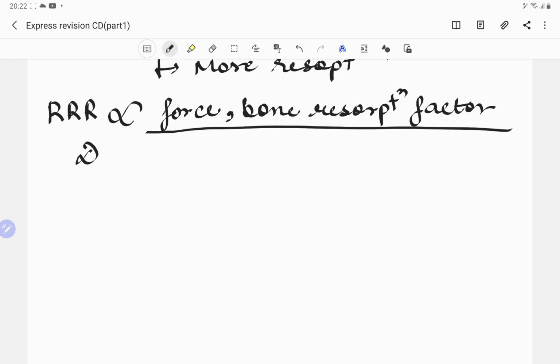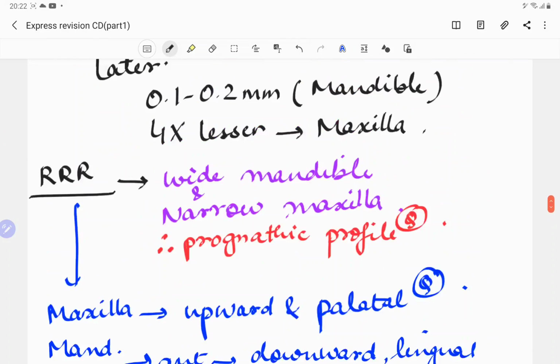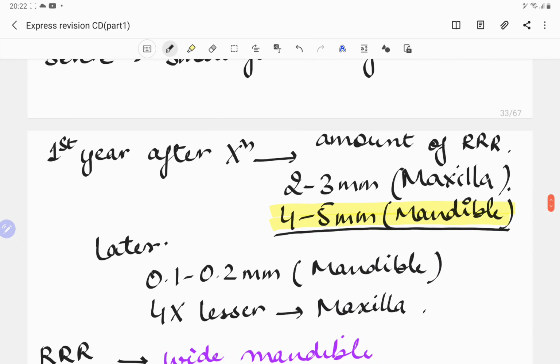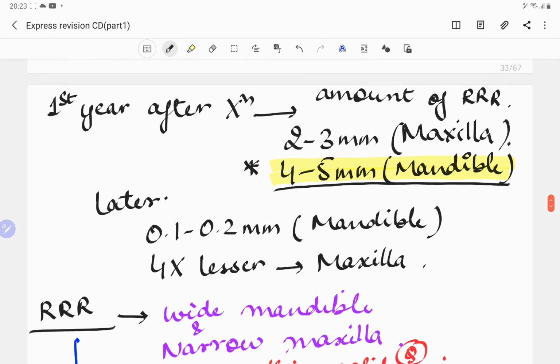Then inversely proportional factors are the damping factors and the time. The more the time, the more the damping effect, the less is the resorption, because we have seen that first year after extraction is the most resorption. As we go 2 years, 3 years after the extraction, the resorption is reduced, as you can see 0.1 to 0.2 millimeter.